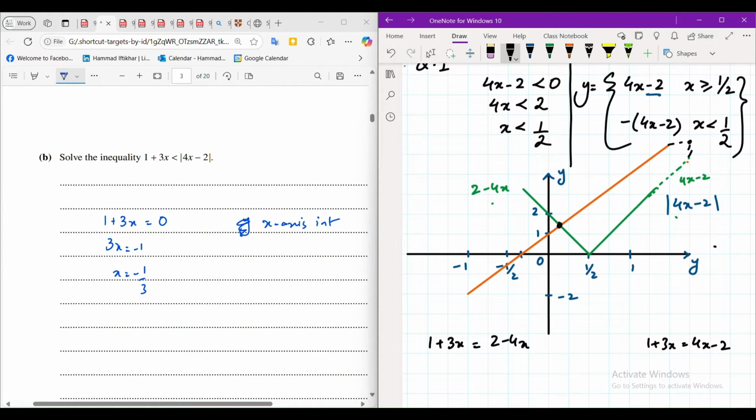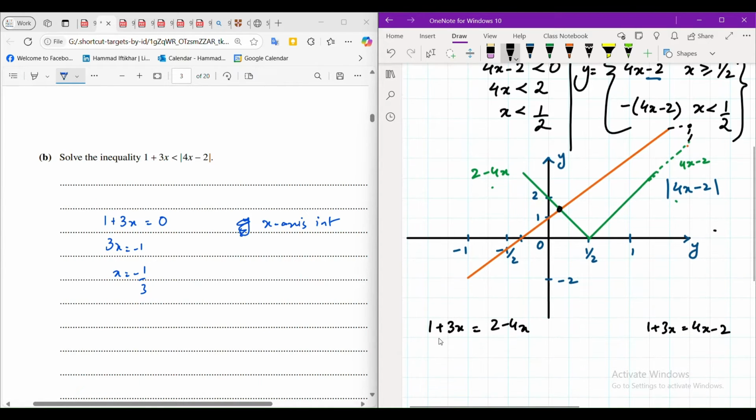When we solve this, this becomes 7x equals 2 minus 1, 1, and x would be 1 over 7. And for the other one, 4 minus 3 means just x, and 1 plus 2 is 3. So x would be equal to 3. So this would be 1 over 7, and the other one would be 3.